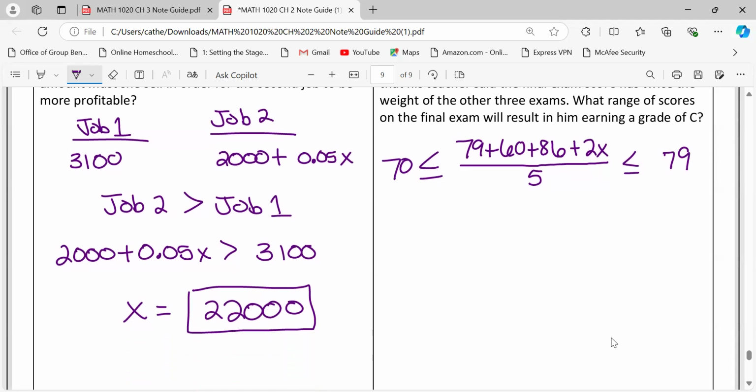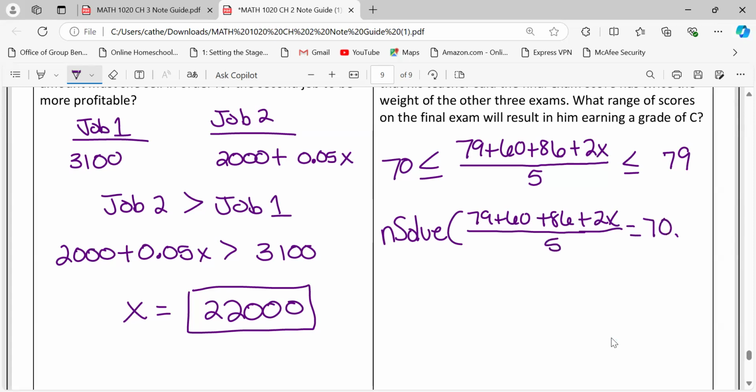So I'm going to write out what you're going to put. So we're going to use numerical solve. Flip over to the calculator now.